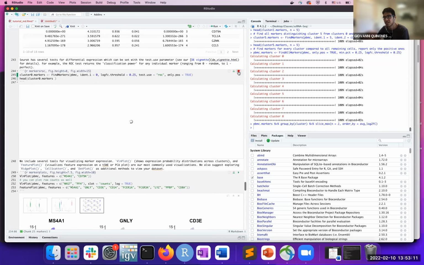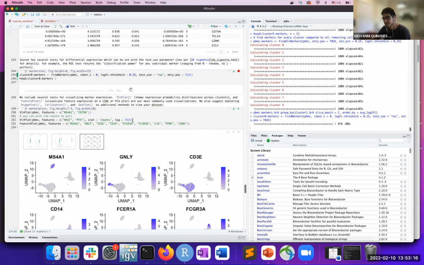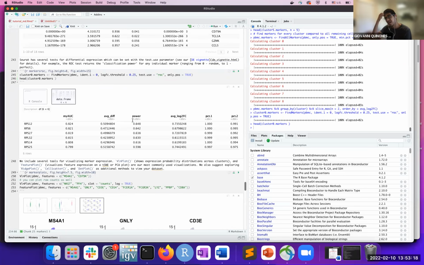So you can go ahead and run this cell. This table should be similar to the ones we saw before, but there's one very important difference, which is this very first column, which has this value, my AUC.